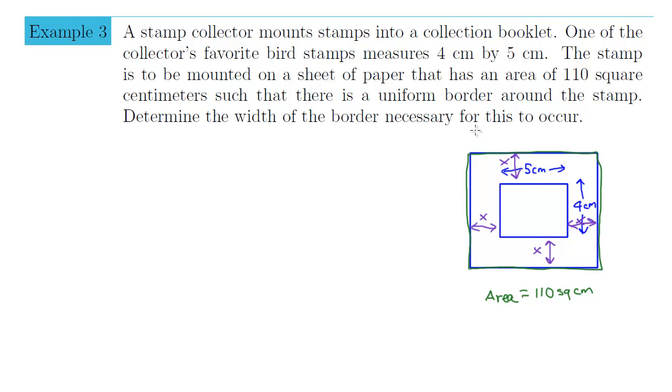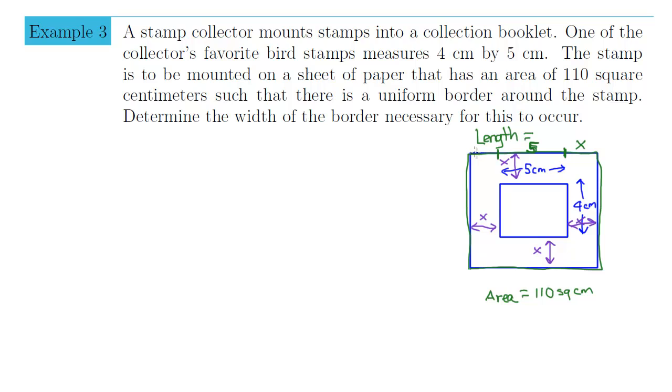So for the length, which is this side here, what do we know? Well, we know that the length has to be at least 5 centimeters, right? Because from here to here, that distance is 5. And from here to here, what is that? Oh, well, we know what that is as well. That is our uniform width, x. So from here to here is 5, from here to here is x.